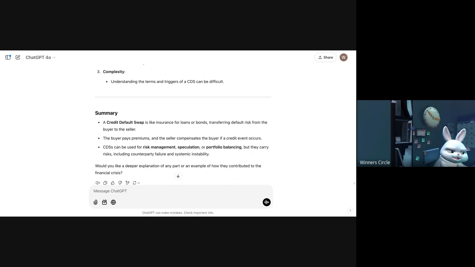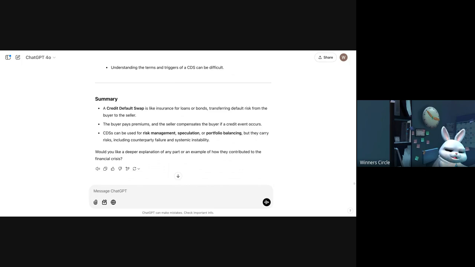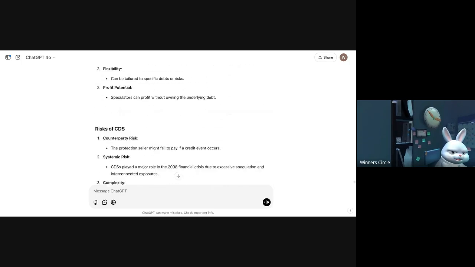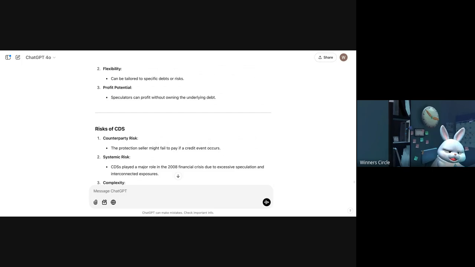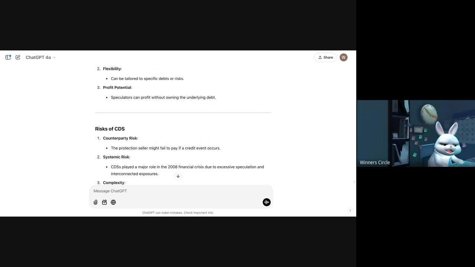CDS can be used for risk management, speculation, or portfolio balancing, but they carry risk, including counterparty failure and systemic instability. So, when you understand what's going on, you'll have a better level of how you should structure your letters, structure your claims. Okay, please read the UCC and read how to structure a claim.